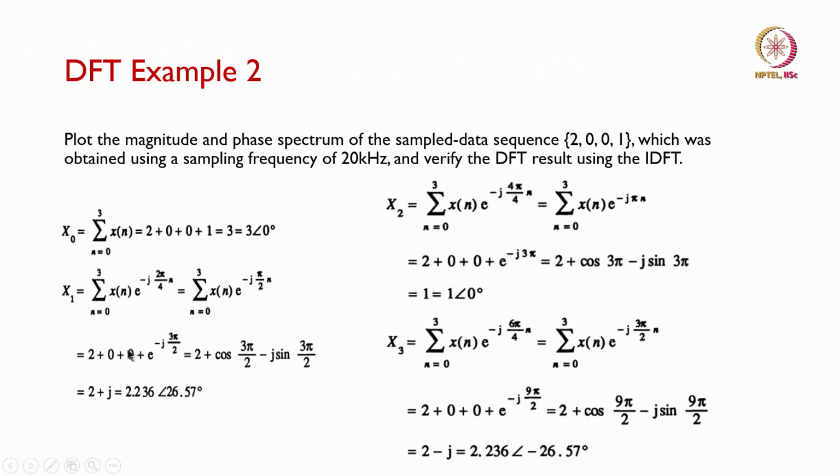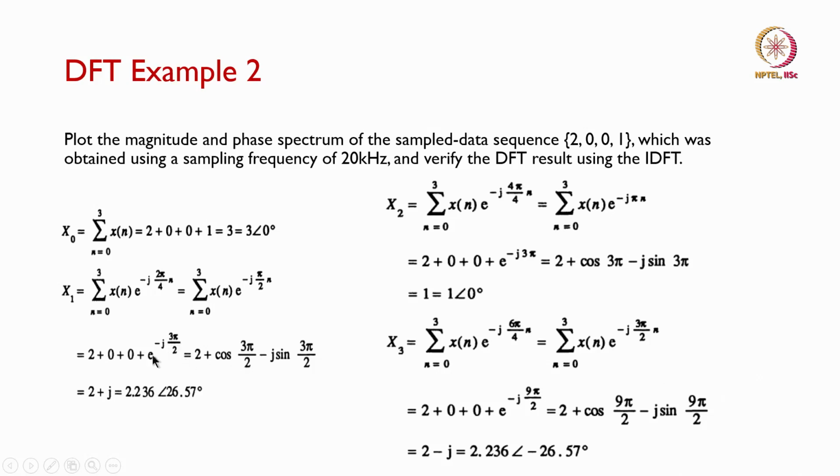So, when you expand your summation, the first one is x of 0, which is 2. The other two values we have taken for simplicity are 0, and the last one is 1 when n is equal to 3. So, this becomes e power minus j 3 pi by 2.